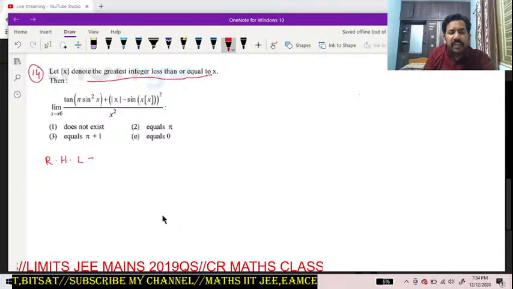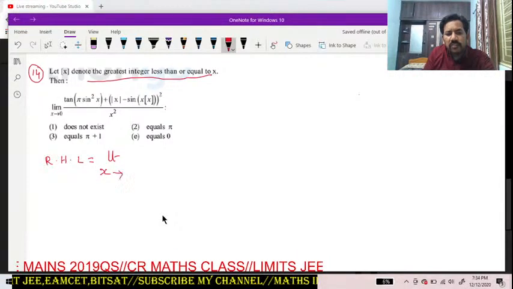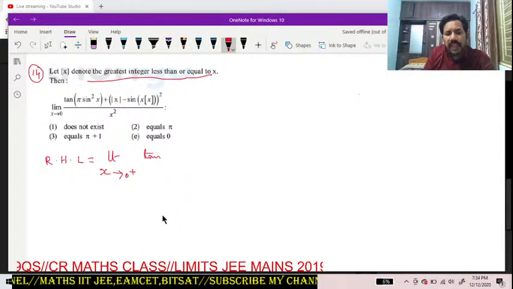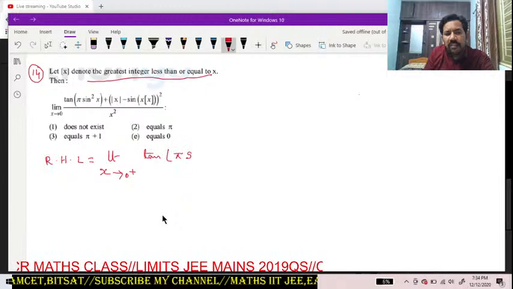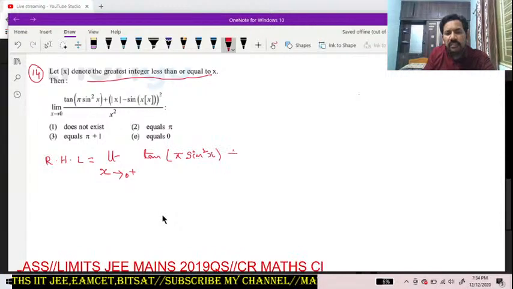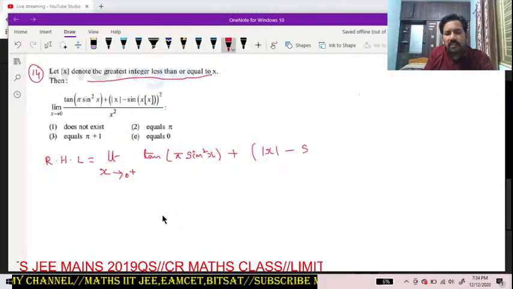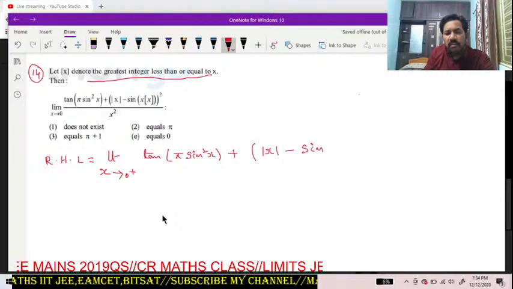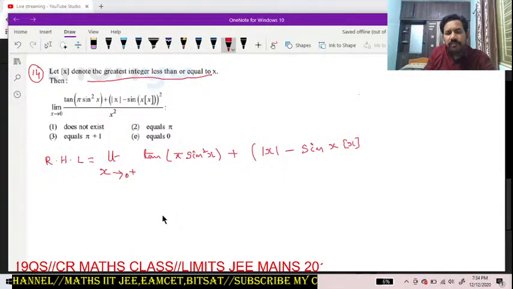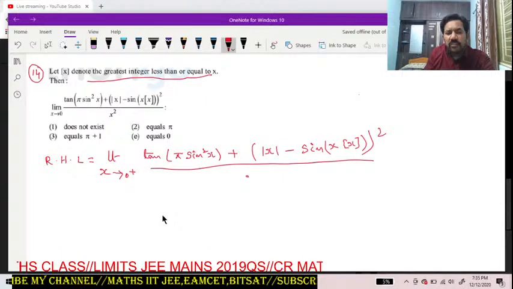Right hand limit means limit x tends to 0 plus, tan of pi sine square x plus mod x minus sine of x into step x, whole square, divided by x square.